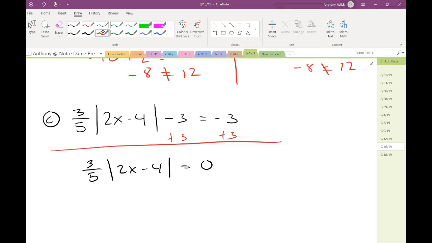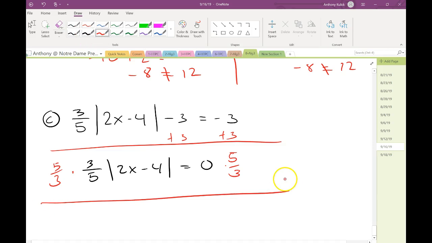Great. You might have thought to yourself, I'll divide both sides by 3/5. That's the same as multiplying by the reciprocal. I usually like to write it as the multiplication of the reciprocal, but there's nothing wrong with writing it as dividing by a fraction, although it's a little bit neater to write it as multiplying by a reciprocal.